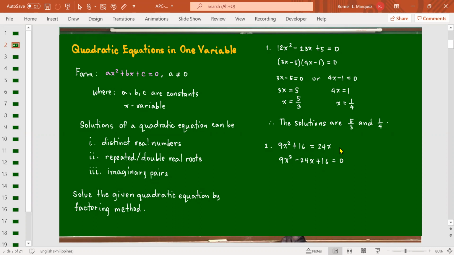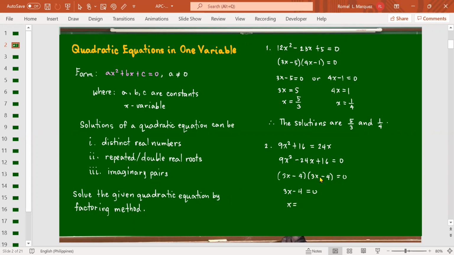So here we have possible factors: 3x minus 4, 3x minus 4, or 3x minus 4 quantity squared. Okay? So equating, we get what?